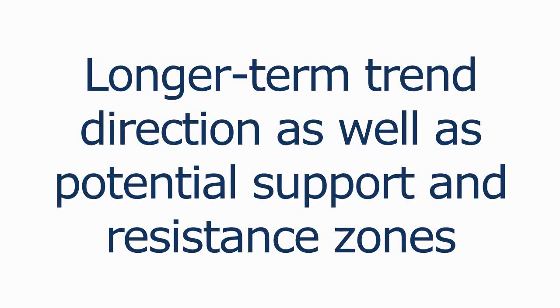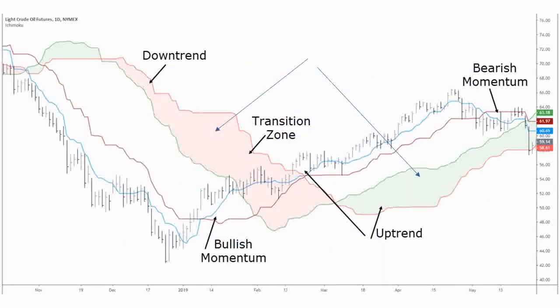The cloud is going to show us the longer term trend direction as well as potential support and resistance zones in the future. So you can see a red cloud indicates a confirmed bearish trend, while the green cloud indicates a confirmed bullish trend. And of course, you'd only take trades in the direction of the cloud if you are primarily a trend follower type of trader.